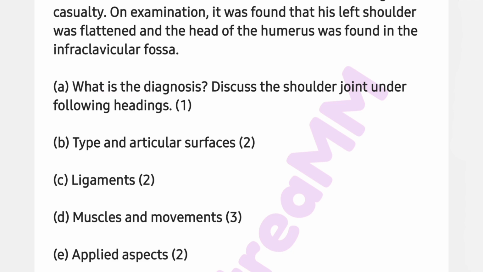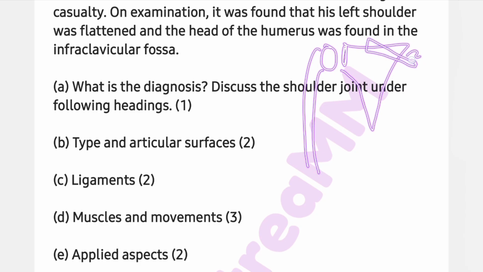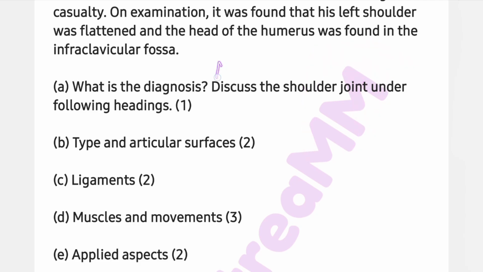They have said it is infraclavicular. So the scapula is behind, and you have the glenoid cavity here. This is the humerus, and the clavicle you will have in front. It has displaced infraclavicular, meaning it has come in front of the glenoid cavity, which means it is an anterior dislocation of the shoulder.